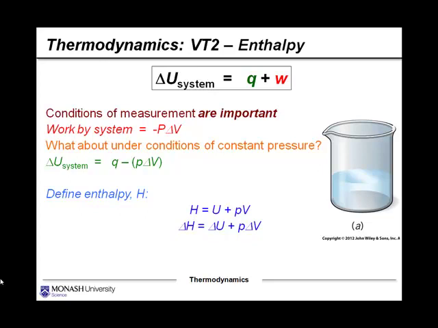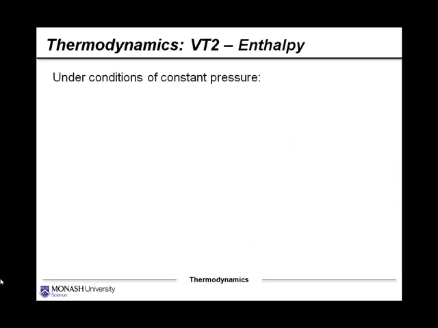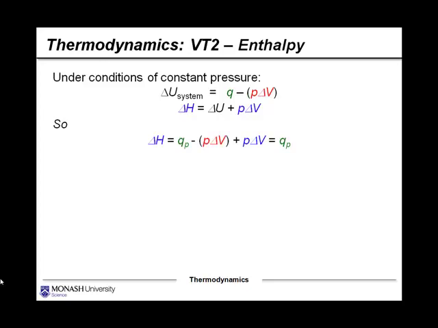Well, this is actually a handy way to think about energy in a more practical sense. So under conditions of constant pressure, we know that delta U equals Q minus P times delta V, but we say that enthalpy has an additional term, a plus P delta V. Those two terms are going to cancel.